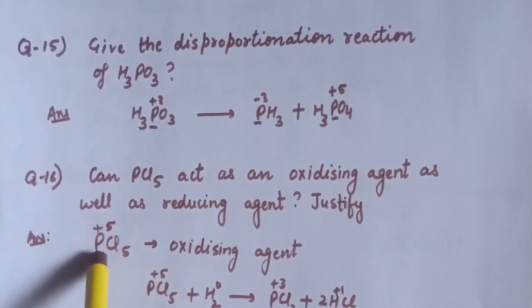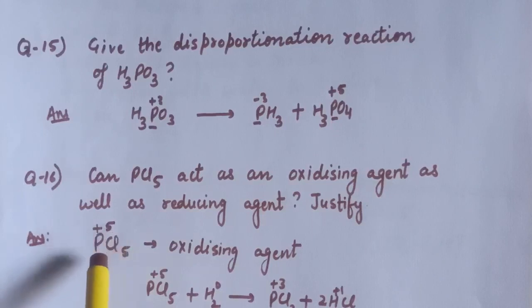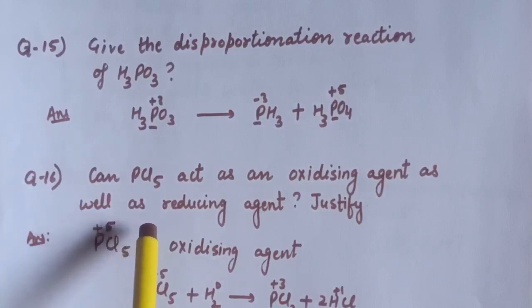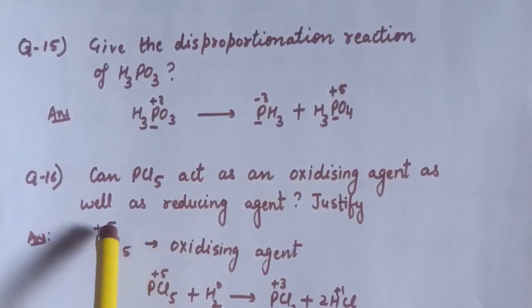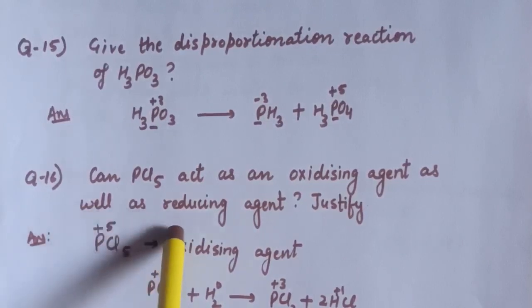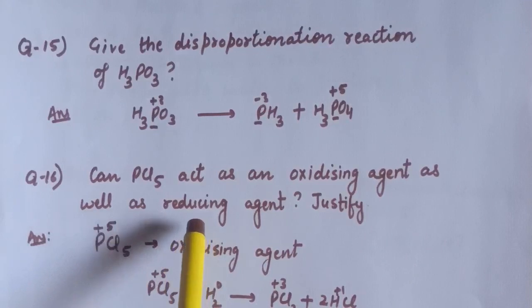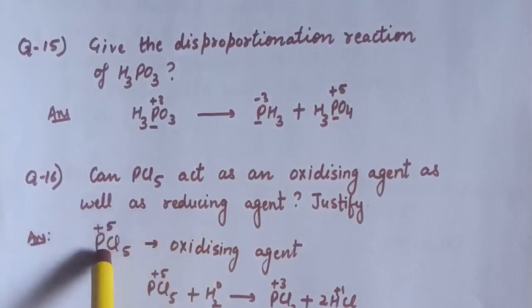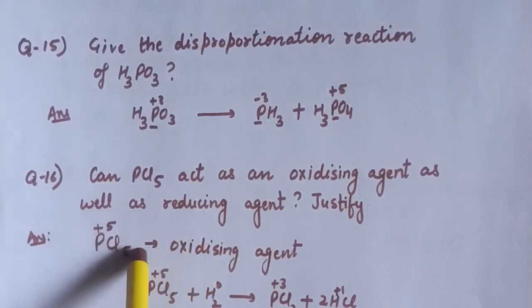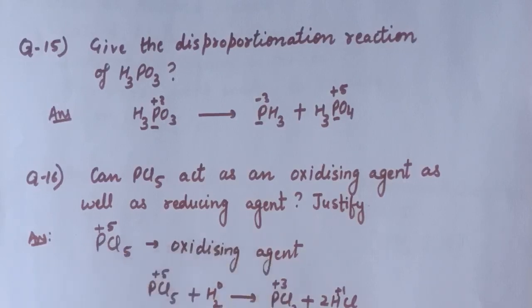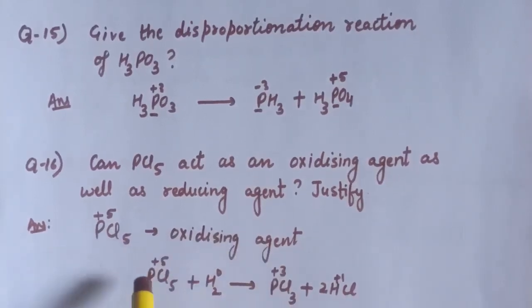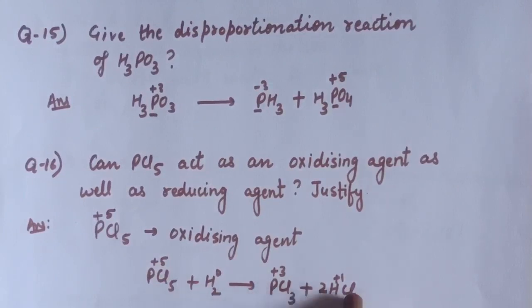So here phosphorus is present in its maximum oxidation state, that is +5, and therefore it cannot show an oxidation state beyond +5. Therefore it can reduce from +5 to +3 or any other oxidation state, and therefore PCl5 acts as an oxidizing agent, and the reaction is PCl5 plus H2 giving PCl3 plus 2HCl.